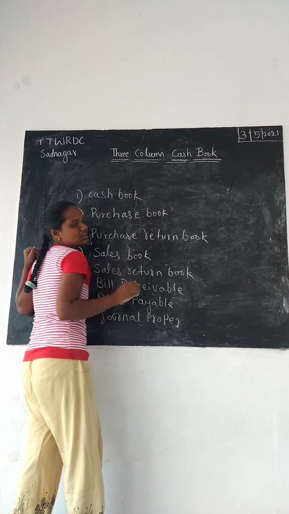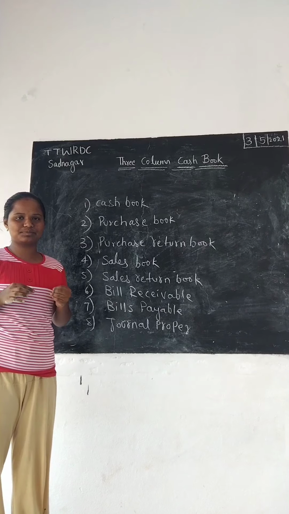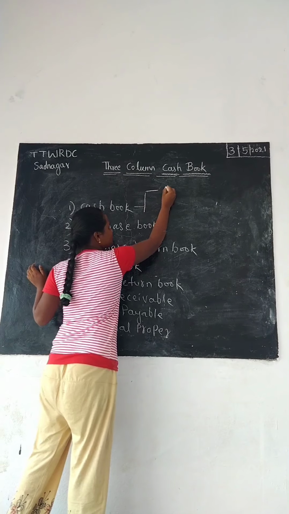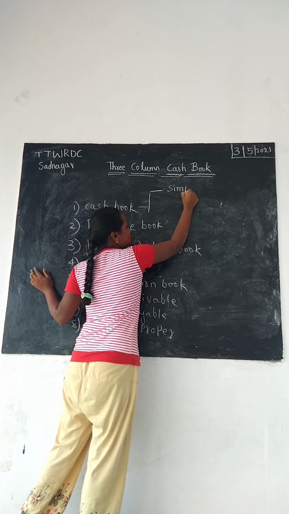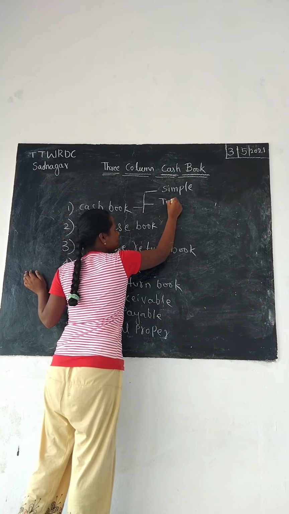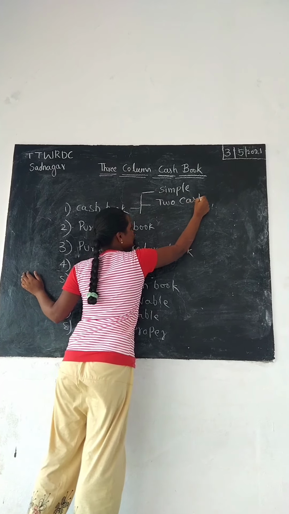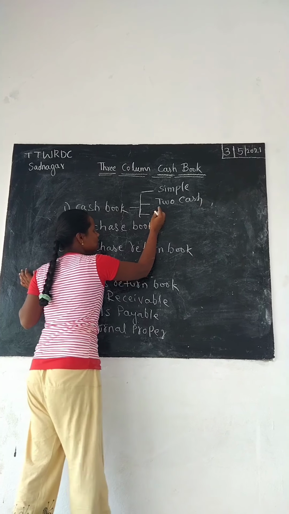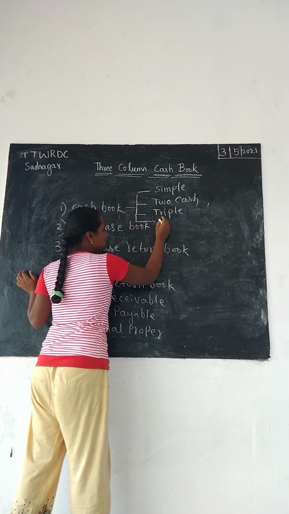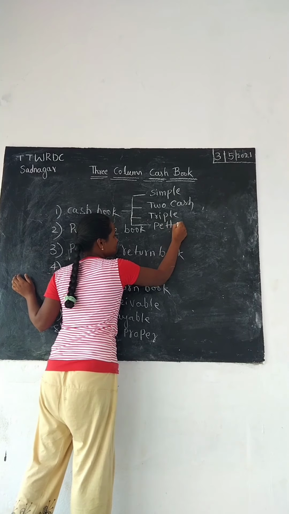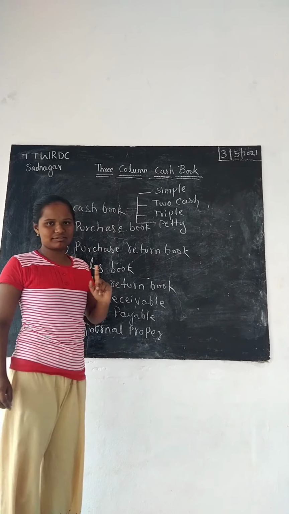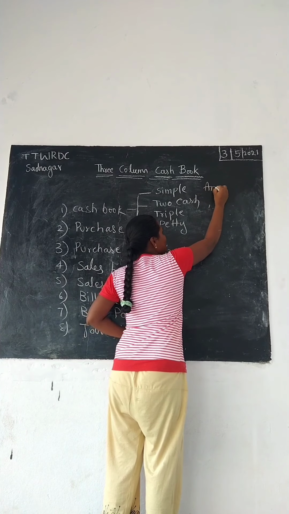In cash book there are four types. The first one is simple cash book, second is two-column cash book, third is triple column cash book, and fourth is petty cash book. In simple cash book there is only one column, that is the amount column.